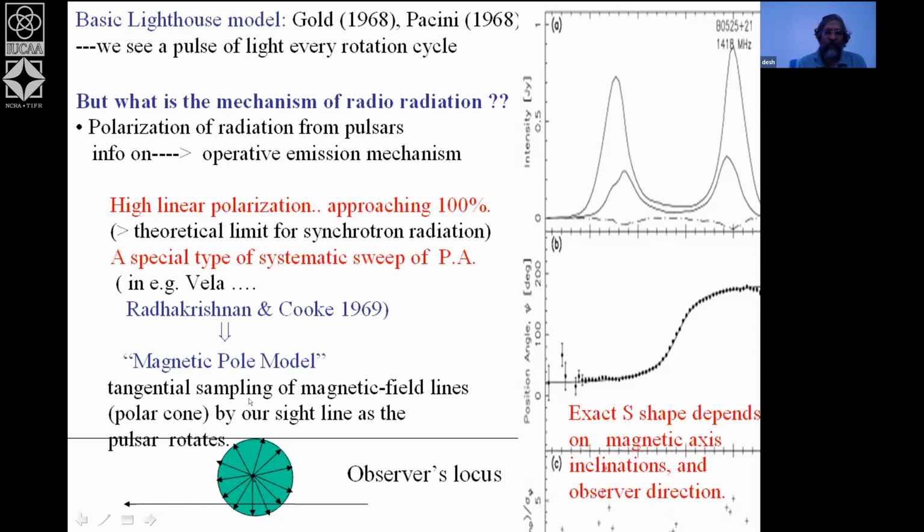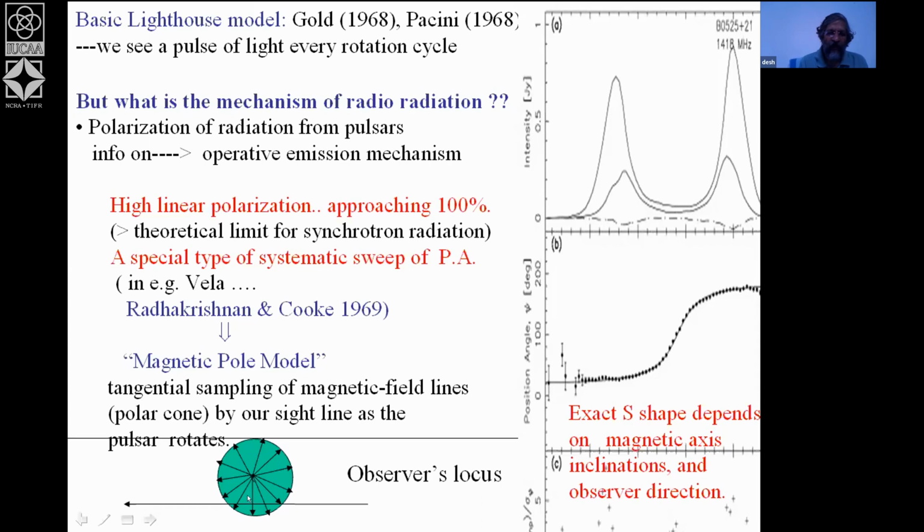And this was interpreted as one seeing the orientation of the magnetic field lines defining the direction of the electric vector of the radiation, being sampled tangentially by the observer, with the observer sightline remaining fixed and the cone being rotated past us. Both will have the same effect in terms of the sampling.